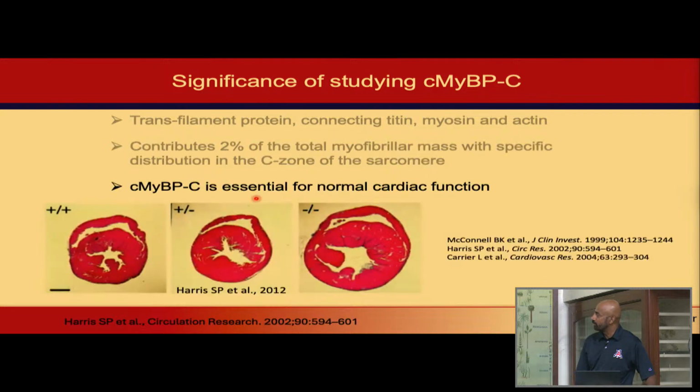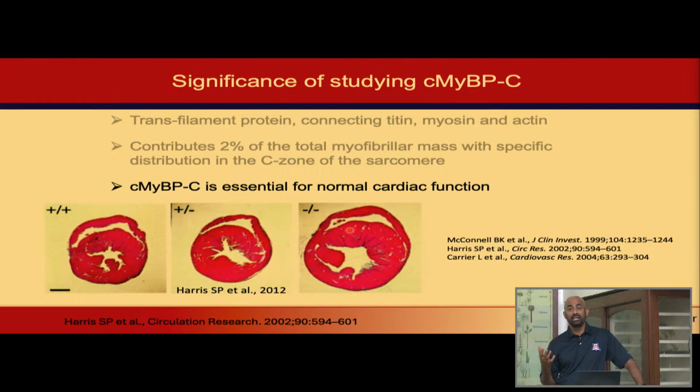What happens if you remove myosin binding protein C by knockout? This is a mouse heart: wild type at 3 months is normal, whereas this is a heterozygous, where one allele is completely removed and another allele remains, and here both alleles are gone. You can see there is a hypertrophic phenotype within 3 months if you do not have myosin binding protein C. What happens when you knock out myosin heavy chain?